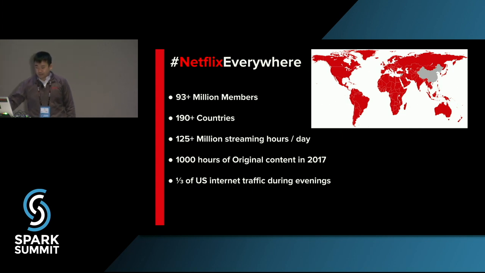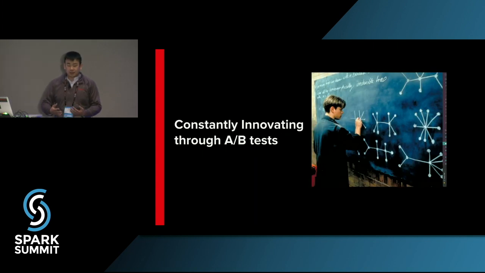Because of that, we are constantly doing innovation and research at Netflix, like people at MIT and Harvard, they are working really hard. We are also working really hard, reading papers, trying different types of experiments, and seeing which ideas work or not. And we do it by A/B test at Netflix.